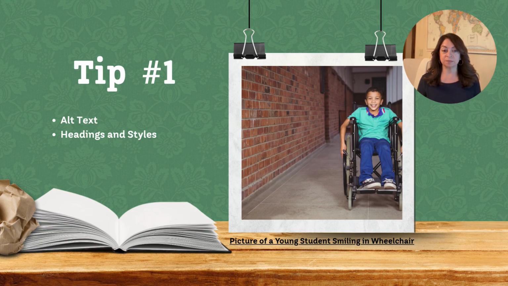Headings and styles. An example of the need for proper headings is when using text-to-speech software to read digital documents. If you're going to proofread a document, you cannot skip to a specific section that you need because you must listen to the entire paper out loud to find that particular section.